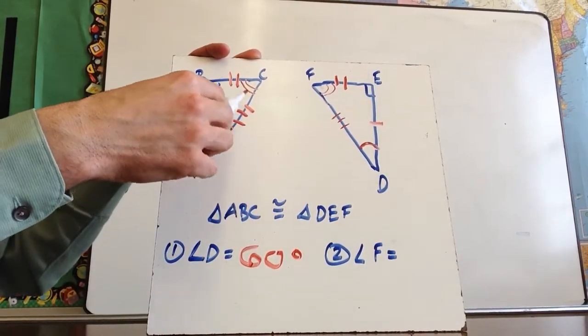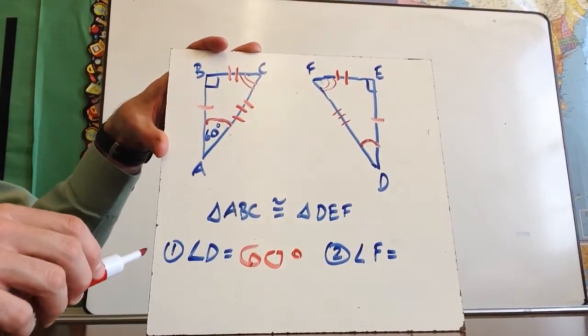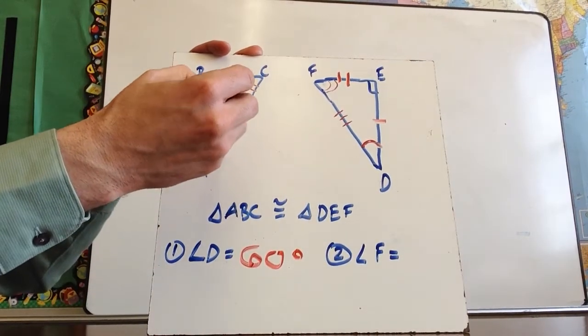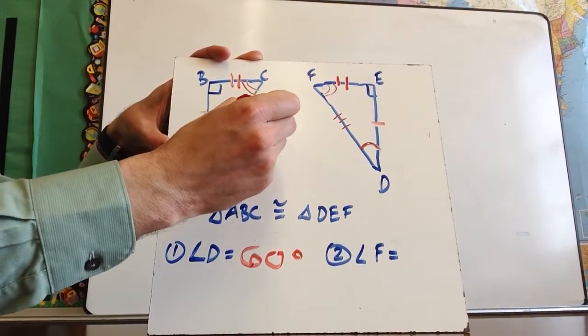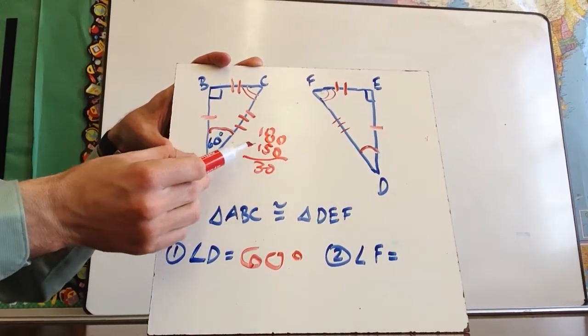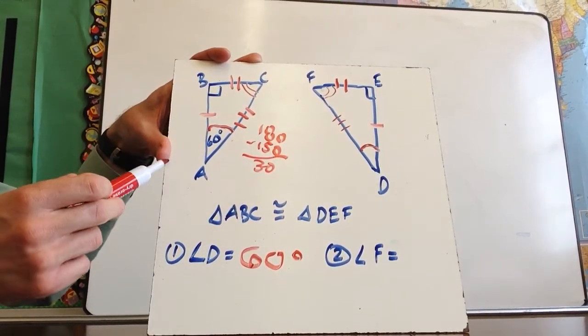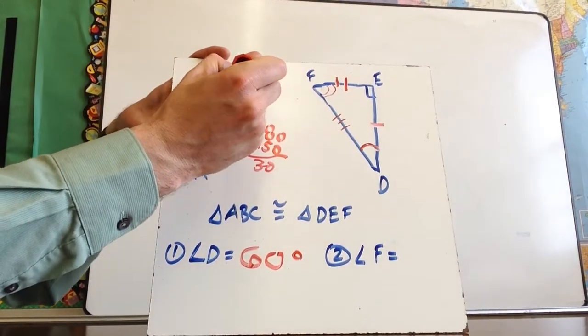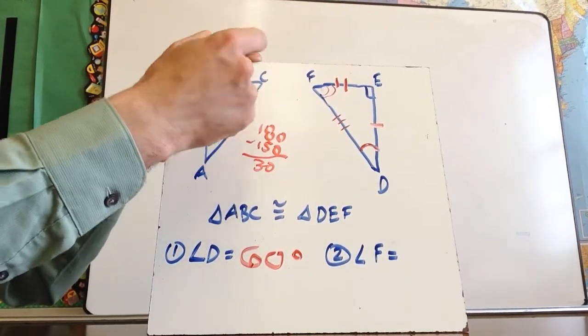And since I know that in a triangle the angles must add up to 180 degrees, 180 minus 150 gives me 30. So my 150 is coming from 90 plus 60. And so then I know that this is 30 degrees.